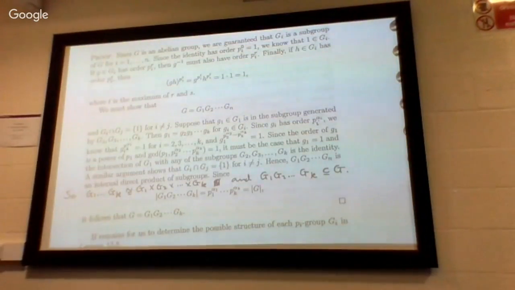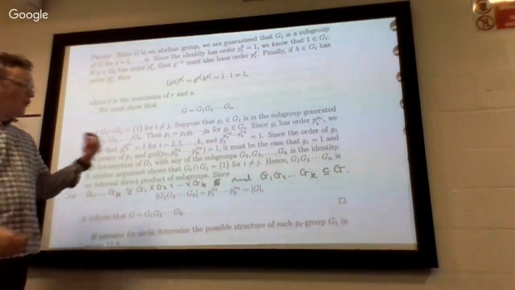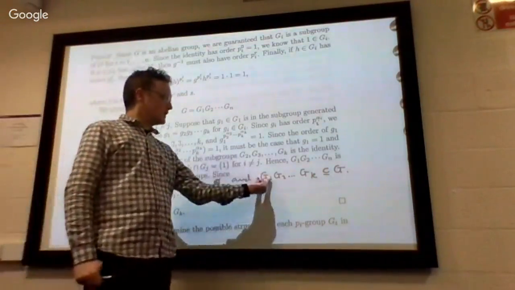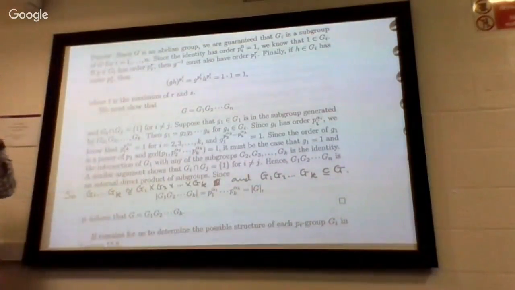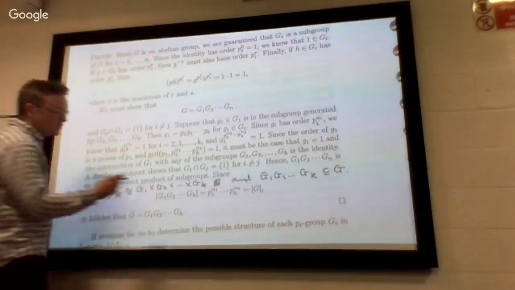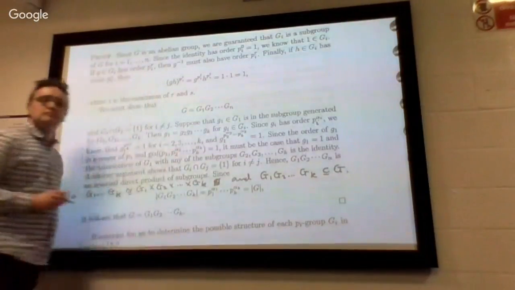You emphasized the application of that previous lemma. All we know at the moment is that the order of any of these individual Gi is some power of the prime pi. What we need to know is that it's this maximum power.